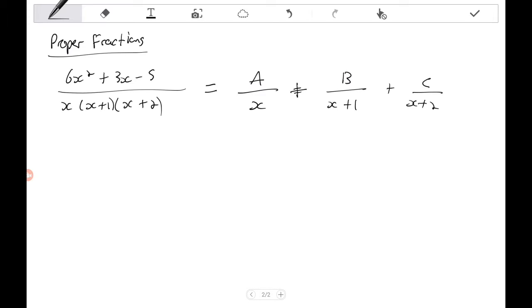So what we do is we rewrite this right-hand side as being one fraction. The way that we do that is we get the denominators of all of these to be the same.